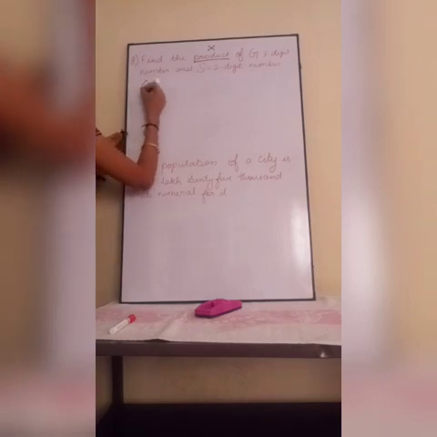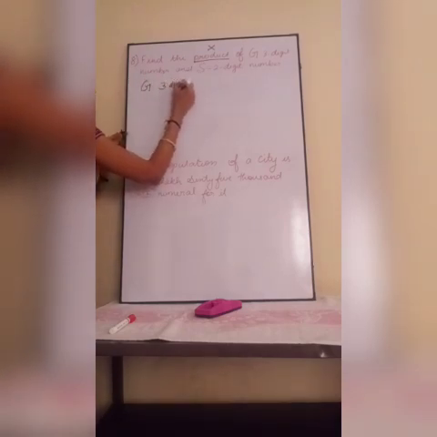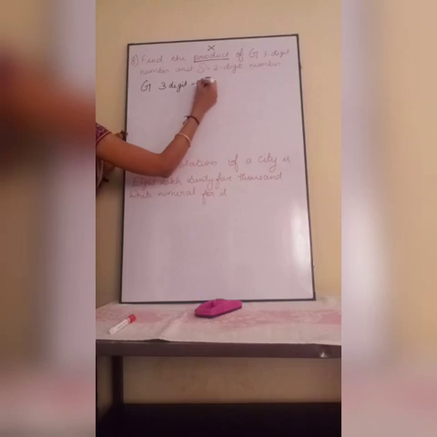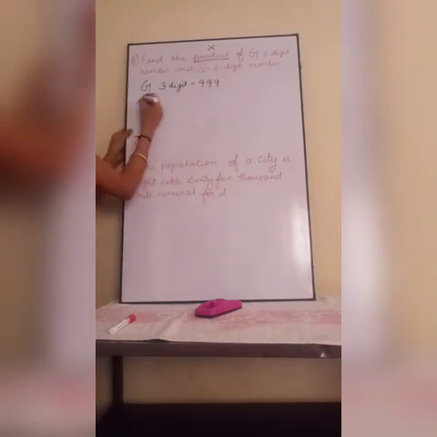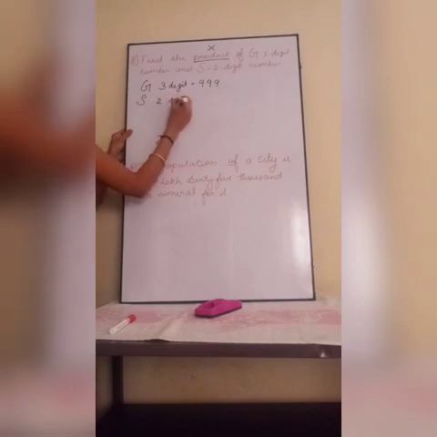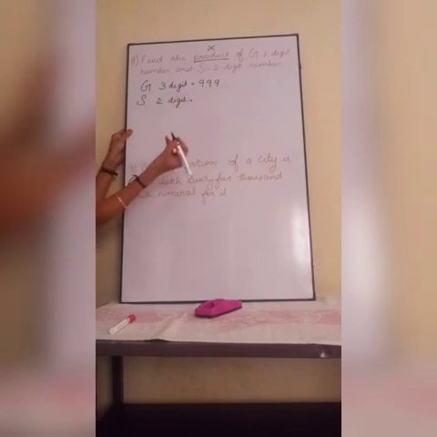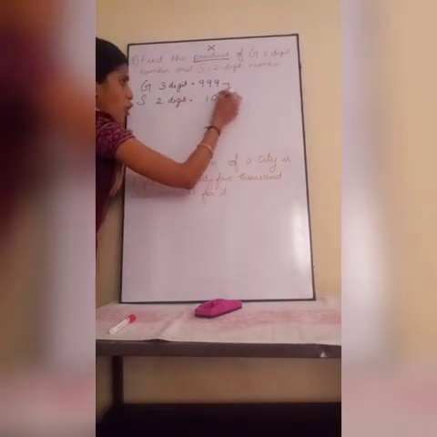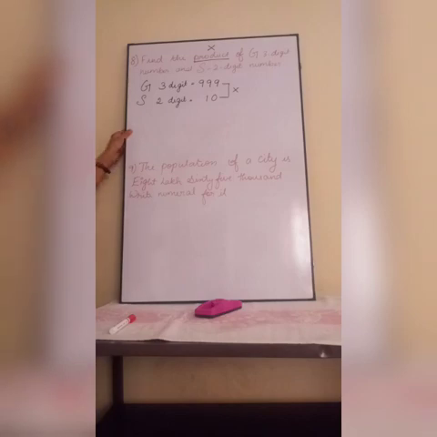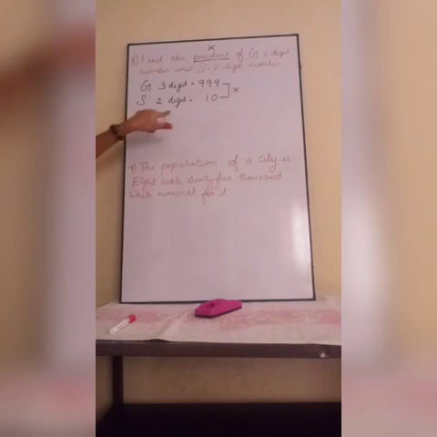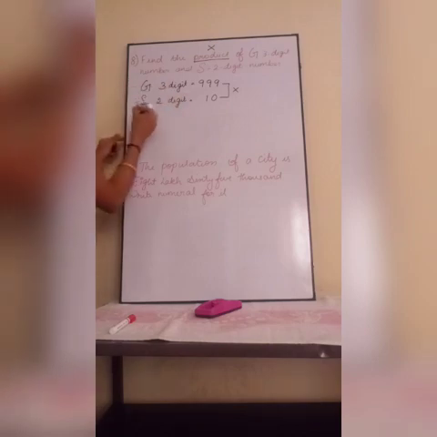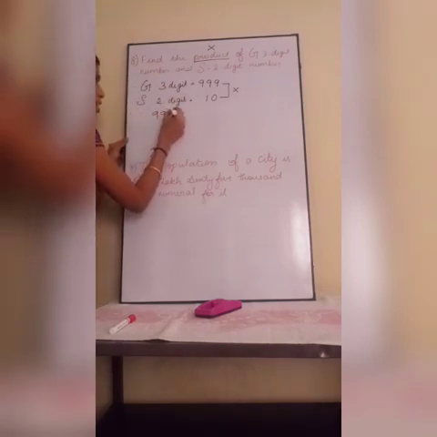What is the greatest 3-digit number? 999. Next, what is the smallest 2-digit number? 10. Now we are going to find the product of these two values: 999 into 10.